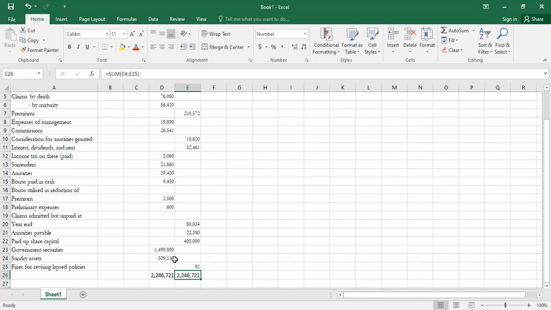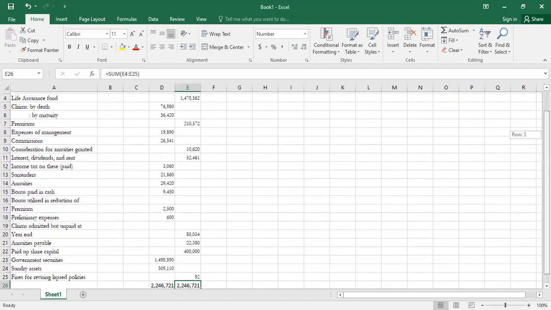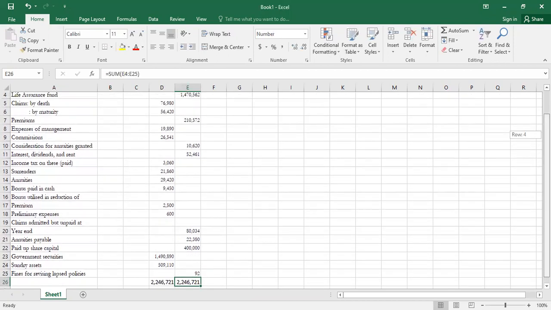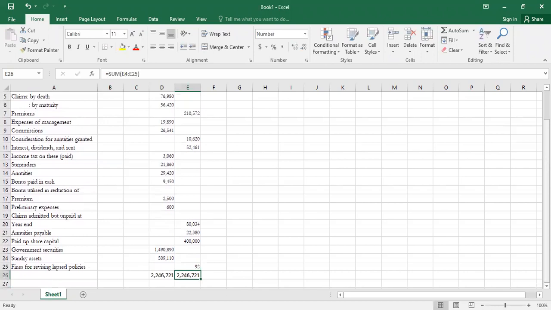So our trial balance has balanced, right? You can see our trial balance has balanced. So it balances at 2246,721. So the other information that we've been given there, let me see.